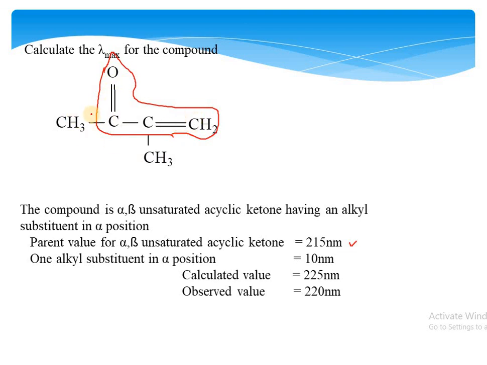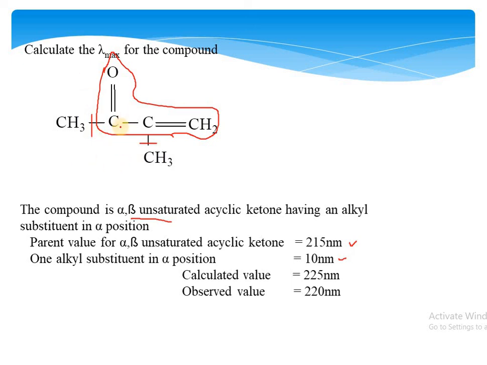To this, 2 alkyl groups are attached. So one alkyl group in the alpha position has 10 nanometer value. If we see carefully, 2 methyl groups are present, but in alpha beta unsaturated carbonyl compounds we just take values of the substituents present at the various positions, that is alpha, beta or gamma.